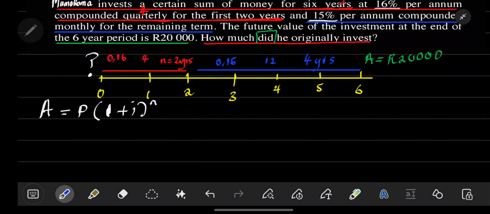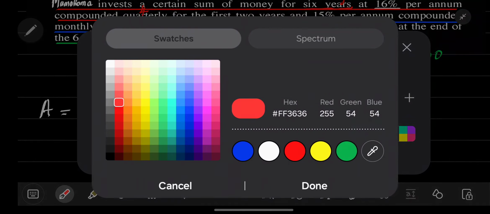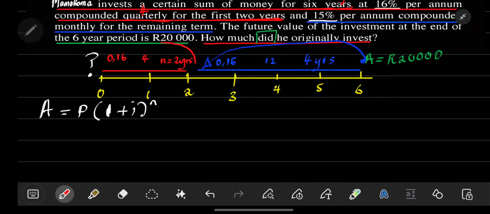We start from where we have information, meaning that we have information here. We have the 20,000 in future, so we are going like that. And then from here we're just gonna go like that. Okay, so that's the only difference.